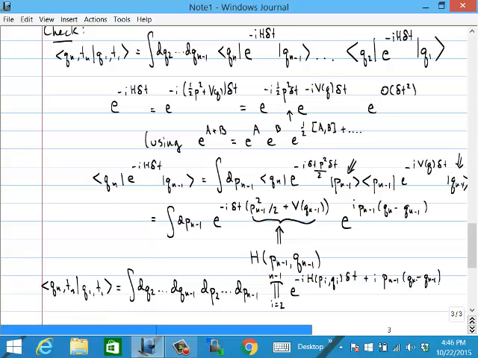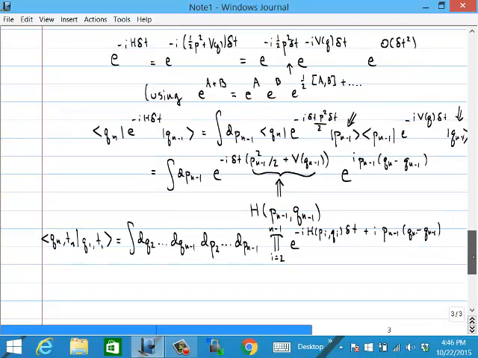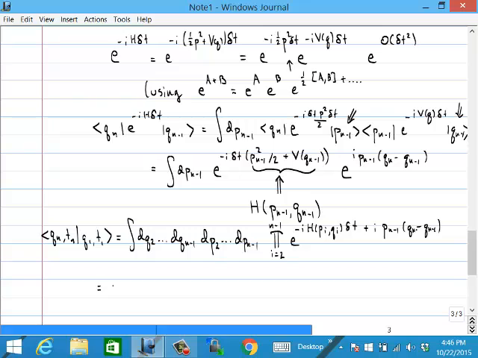Or, if we wanted to write this out in a slightly different way, it's an integral dq2 up to dqn minus 1, dp2 up to dpn minus 1. So you have a product of a bunch of exponentials, which is the exponential of the sum, right? Product of two exponentials is the exponential of the sum of the two terms.